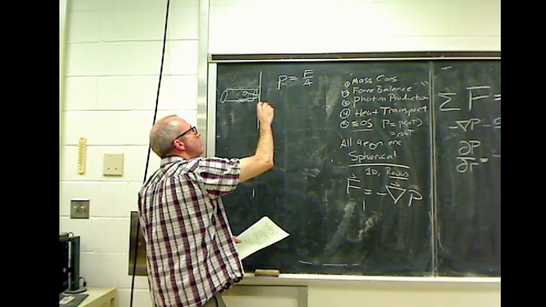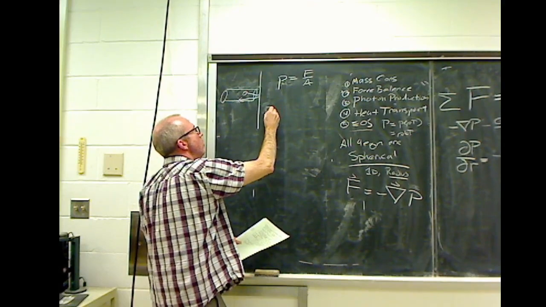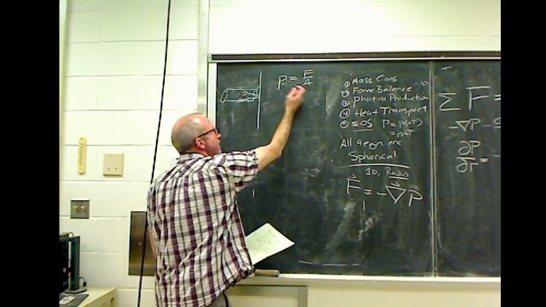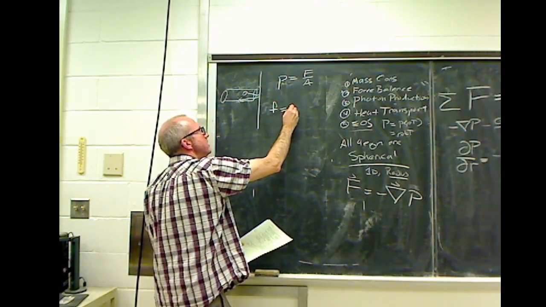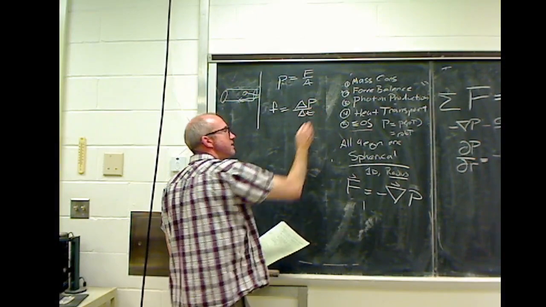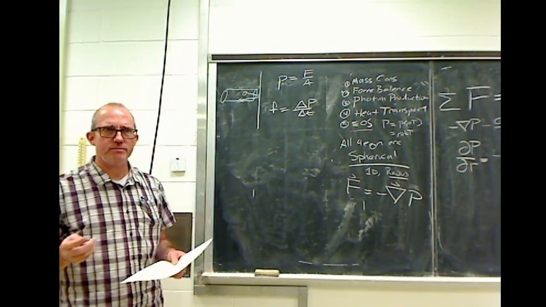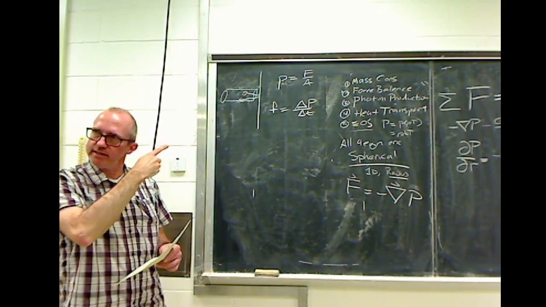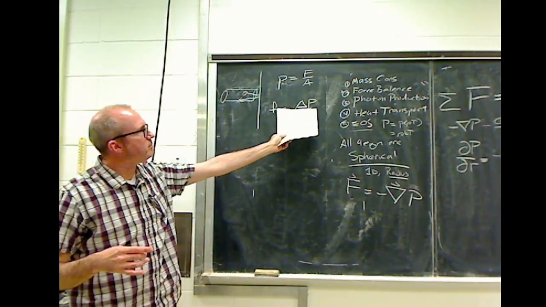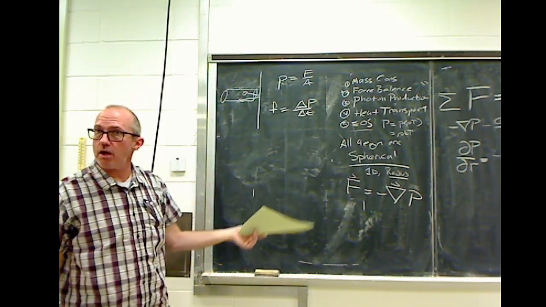So if I have a particle that bounces off a wall, the force it feels is what? It's delta P over delta T. Is everybody good with that? Force is delta P over delta T, where delta P is the momentum change, and delta T is how long it takes.